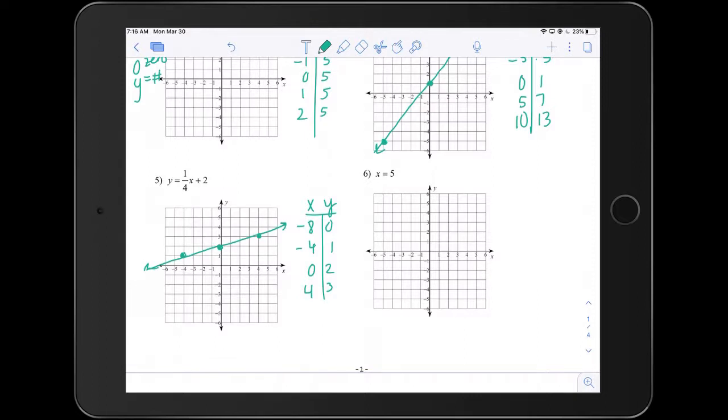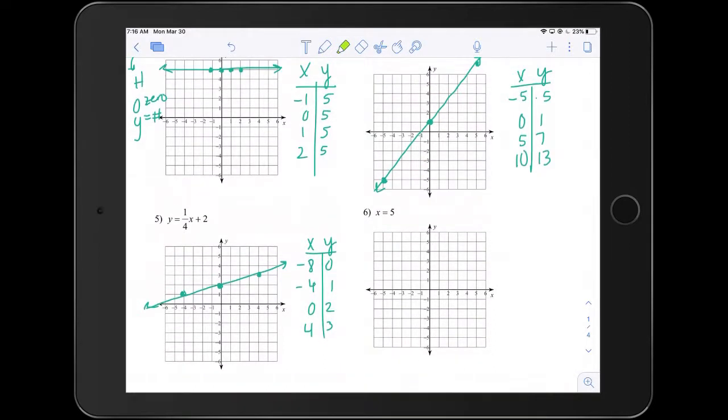Number 6 is a little bit different, tricky. I cannot graph this in my graphing calculator. Remember how I used my acronym HOY up here? Well, the acronym that I use when I have x is equal to a number is VUX.